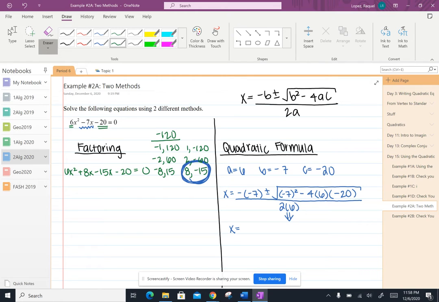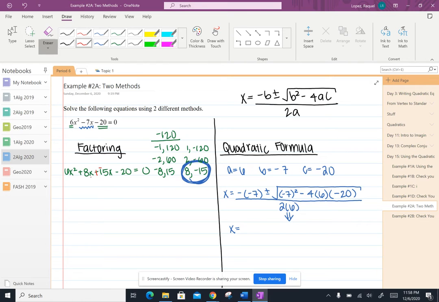The reason I did that is because I'm literally just replacing the negative 7x with this, because if I simplify this, I'm going to get negative 7x anyway. Before I group some things, I'm going to turn this into a plus minus just to make things a little easier to work with.